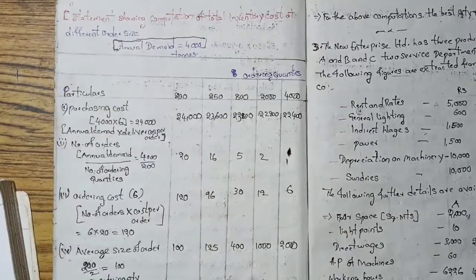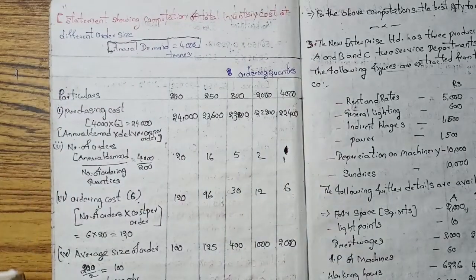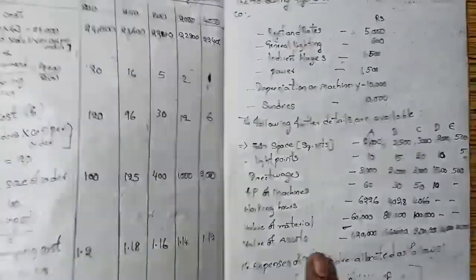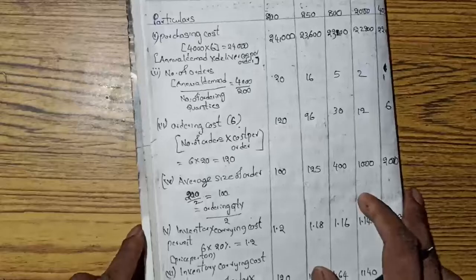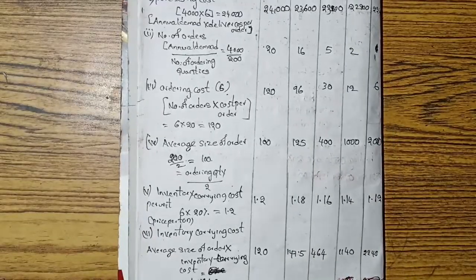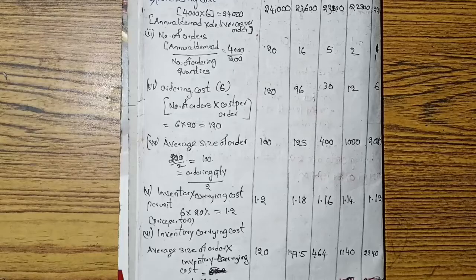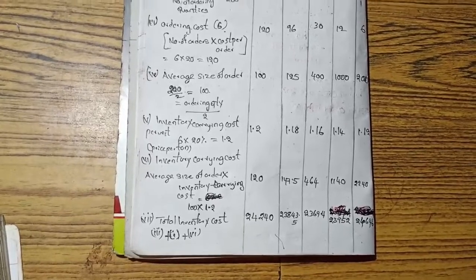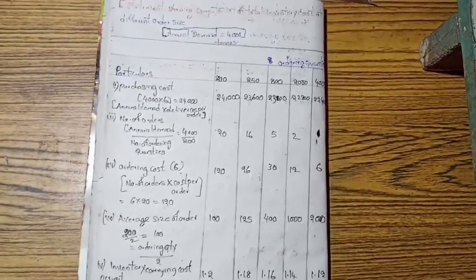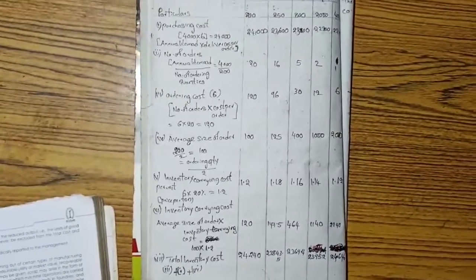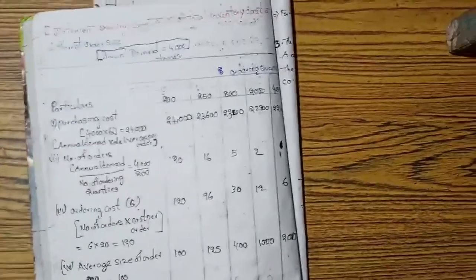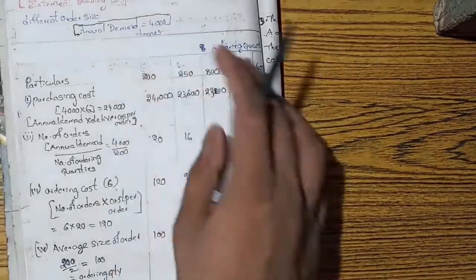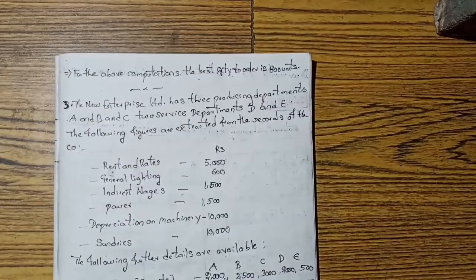So purchasing cost, annual demand, total inventory. Annual demand is 4,000 tons. From the above computation, the best quantity to order is 800 units.